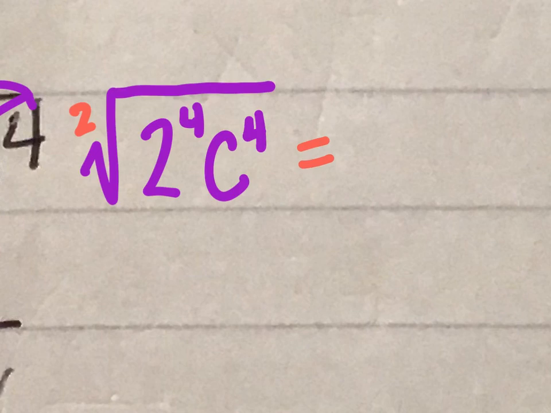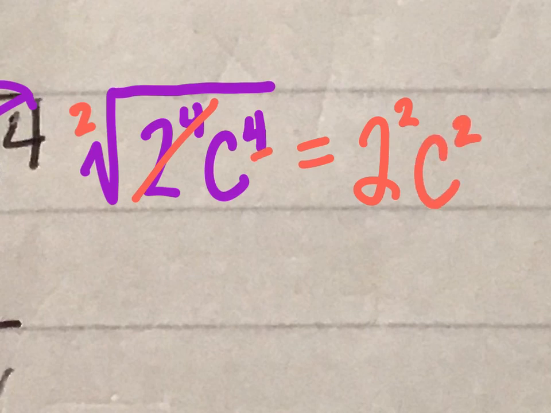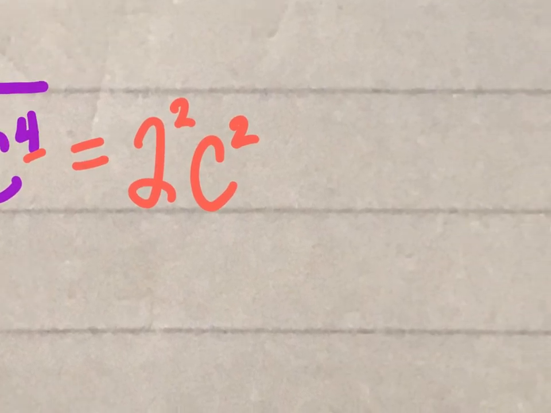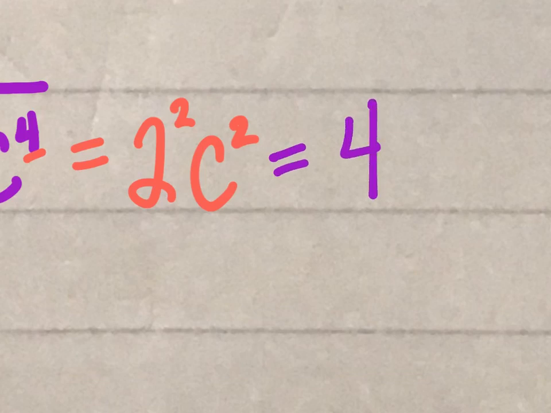So 2 goes into 4 twice. So I get 2 squared on the outside. 2 goes into 4 twice. So I get c squared. I can clean this up. 2 squared is 4, so I get an answer of 4c squared.